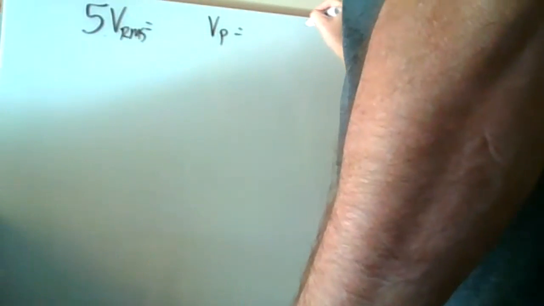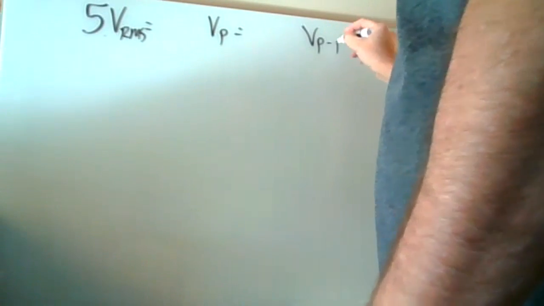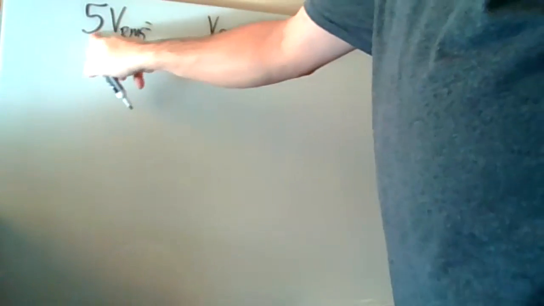Okay. So we're going to use 5 again, only this time instead of being 5 volts peak, we're going to have 5 VRMS. We want to know what that equals in peak and peak to peak. So I'm going to take 5 and multiply it by the square root of 2.